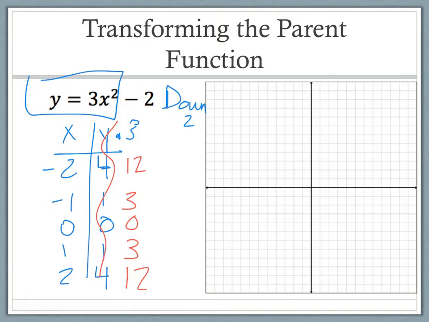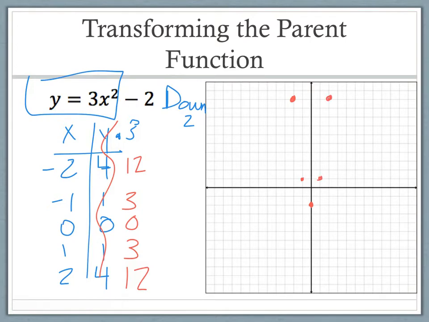All right, so now I'm going to plot those points. I can actually just start at down 2 if I wanted to, and then plot these points going over 2 from that new point, up 12. Then I go over 1, up 3, over 1 the other way, up 3, over 2, up 12.